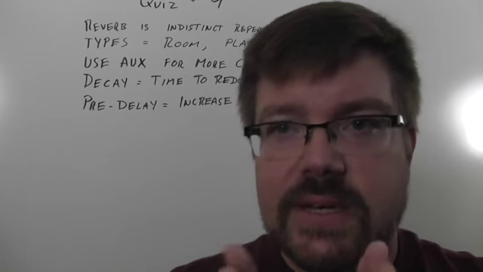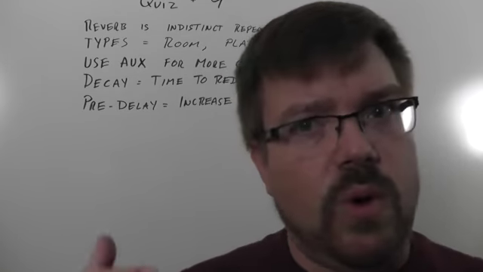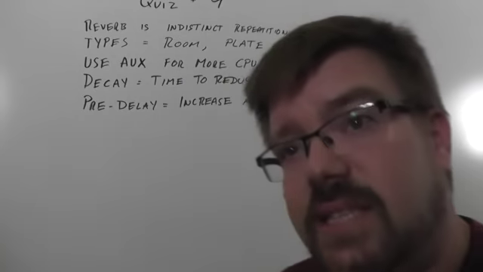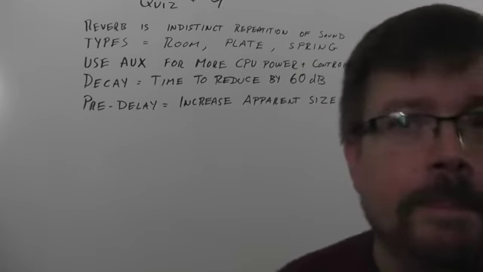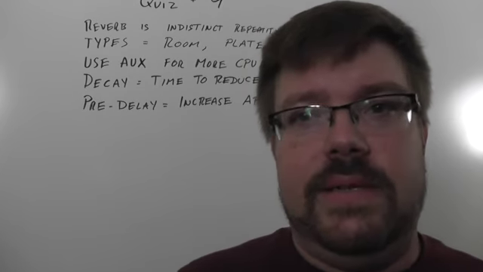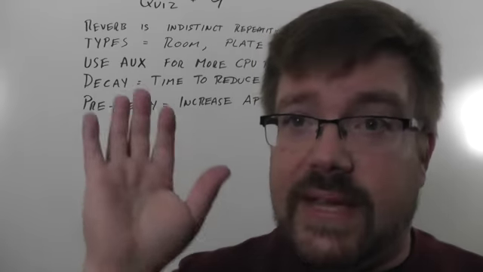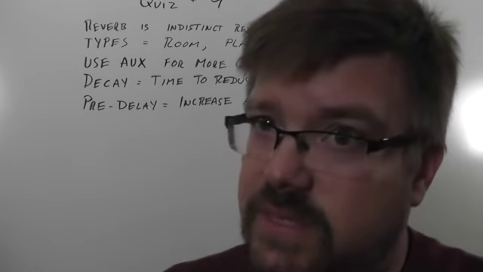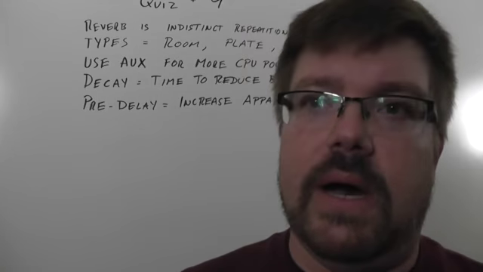If you ever see something that is 500 milliseconds, 1 second, 1.3 seconds, 2 seconds, what that's dealing with is the amount of time it takes to drop 60 dB. I'll be happy to talk about that for much longer with you if you want, but that's just the basic. Decay time is the length. If it gives you a specific time, that means the amount of time it takes to drop 60 dB.